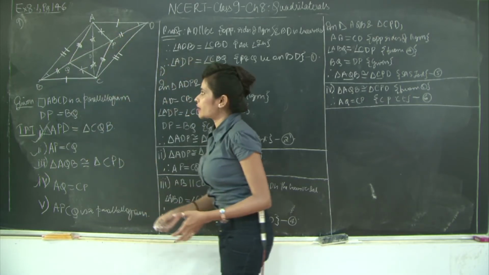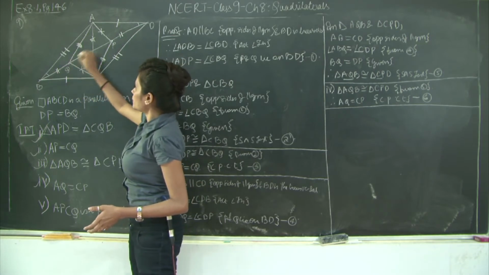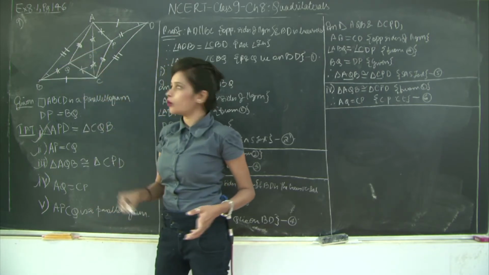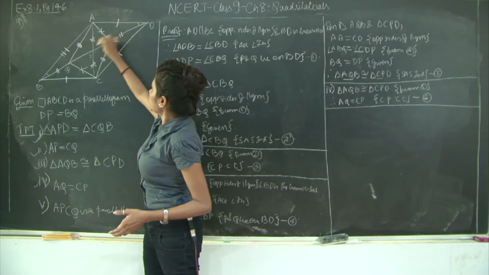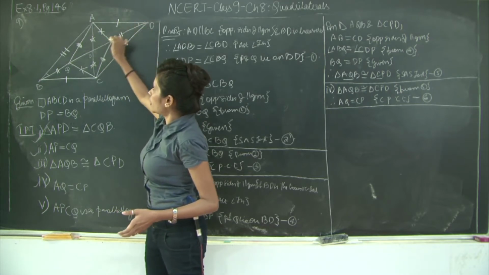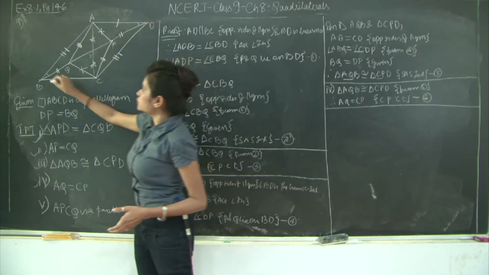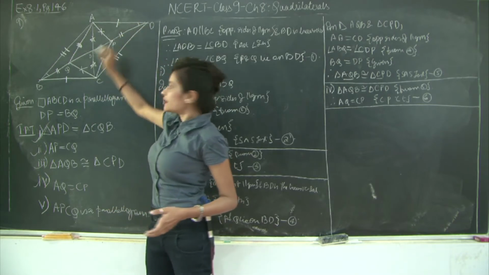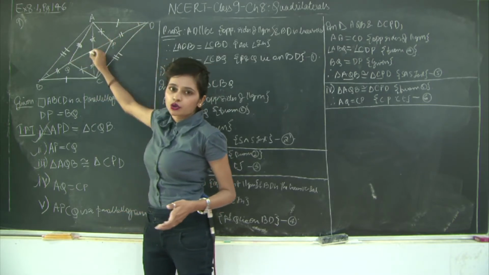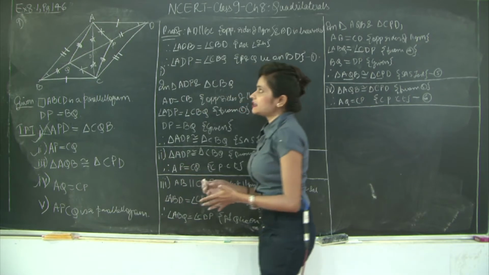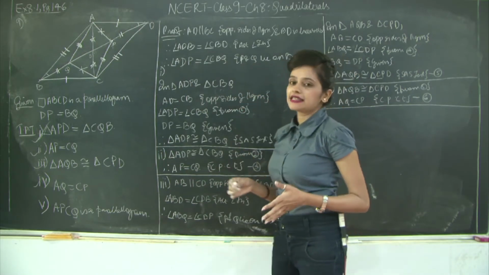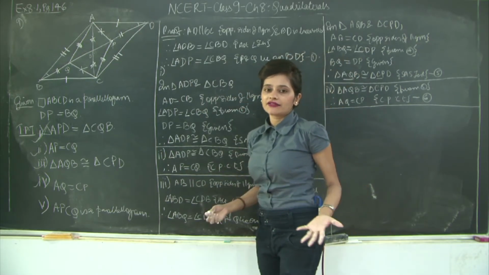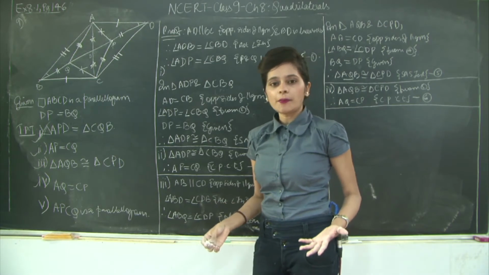So if I subtract BQ from BO, I will be left with QO, and if I subtract DP from DO, I will be left with PO. Therefore, QO will be equal to PO. Therefore, the diagonals of quadrilateral APCQ are bisecting each other. Therefore, my quadrilateral APCQ is a parallelogram.